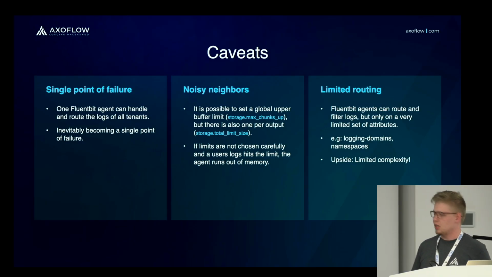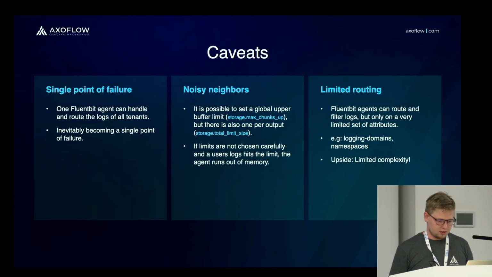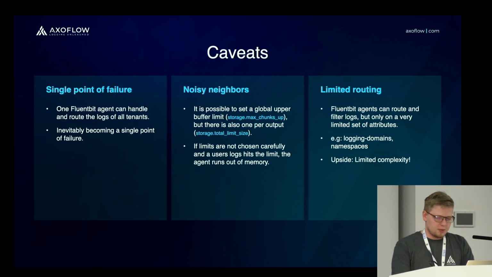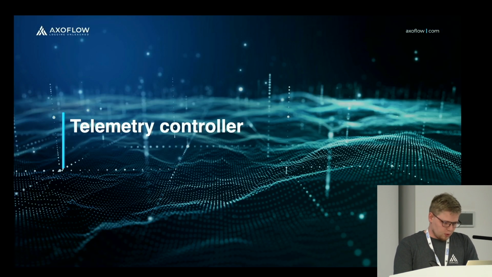We can route on a limited set of attributes, so logging domains, for example, and namespaces. This is somewhat good, somewhat bad, but it limits the complexity, so less space for errors. But we knew that this is not a great solution. So although some users were satisfied with it, we were not entirely.